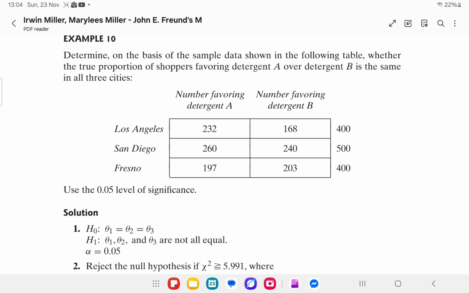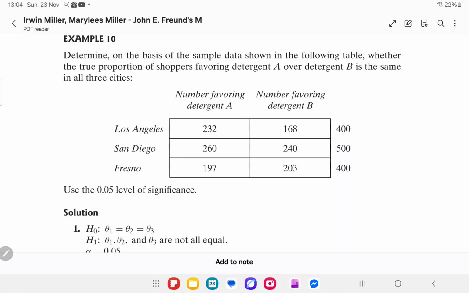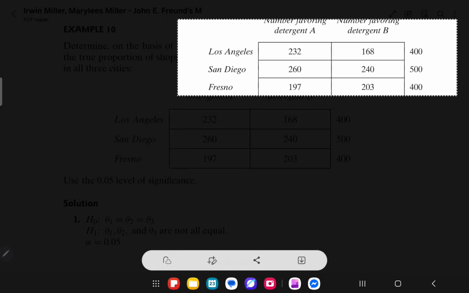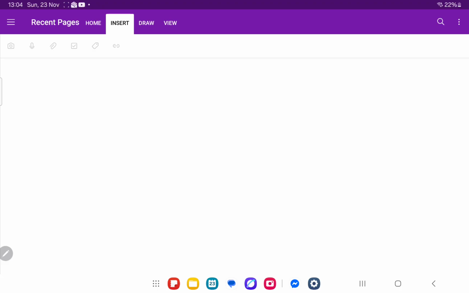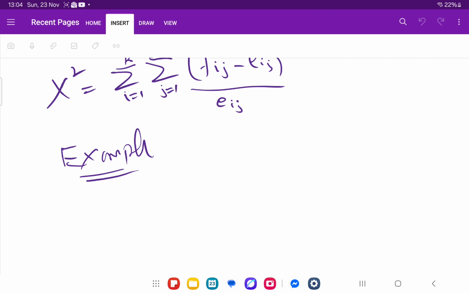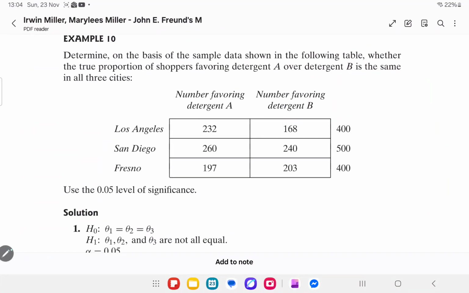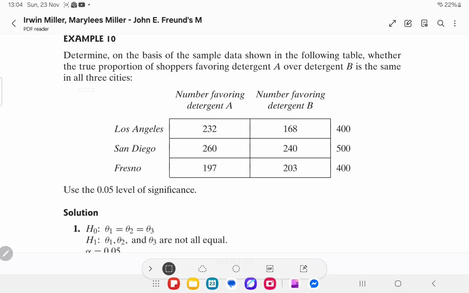First of all, I will copy this table so that I can show you how we calculate all the values that are required to put into the formula. It was not copied, let me copy again.